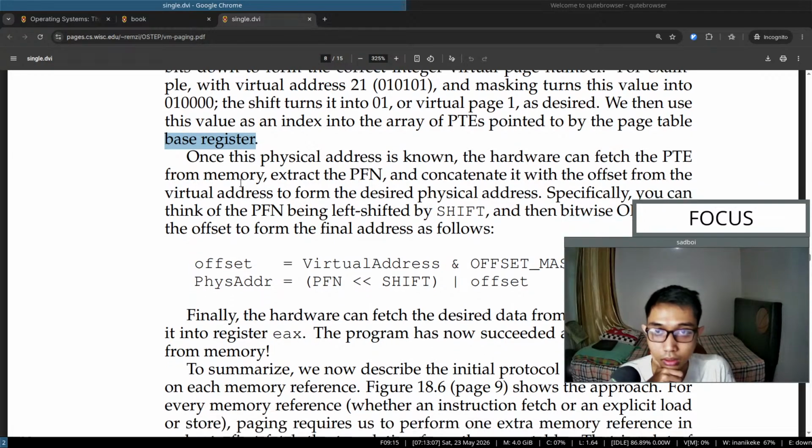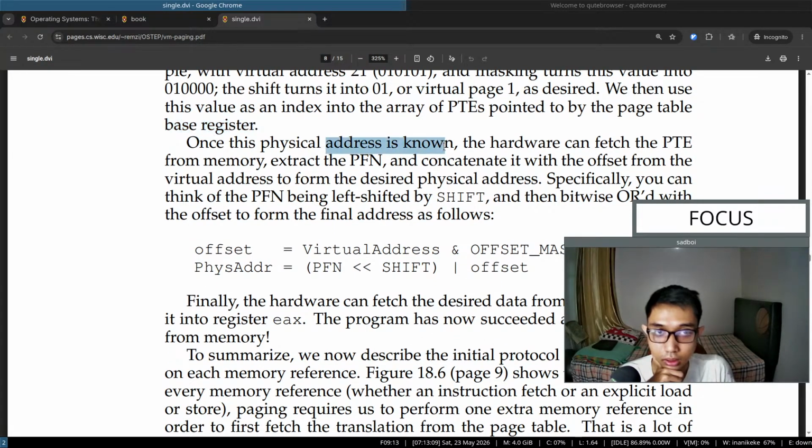Okay, once this physical address is known, the hardware can fetch the page table entry from memory, extract the page frame number, and concatenate it with the offset from the virtual address to form the desired physical address.